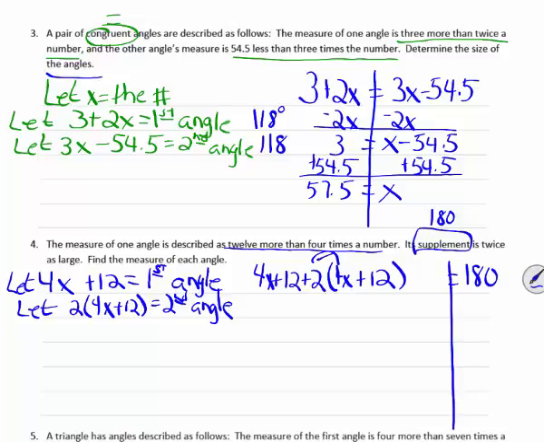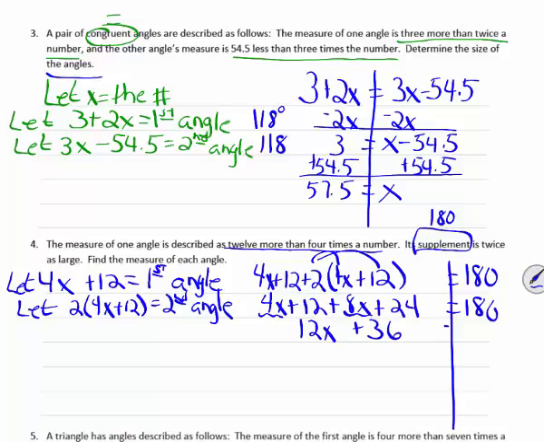So I'm going to distribute: 4x plus 12 plus 8x plus 24 equals 180. I'm going to combine my like terms. 4x plus 8x is 12x. 12 and 24 is 36, equals 180. Subtract 36 from both sides. So 12x is equal to 144. Divide by 12. So x is 12.